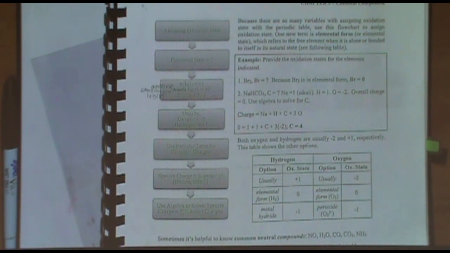For example, the elemental state, if it's by itself, is usually 0. But then the alkaline earths, or fluorine, you've got to remember the charge. Do that before you get to oxygen or hydrogen. It has to go in that order, and then you can do some algebra from there. So make sure you go in order.